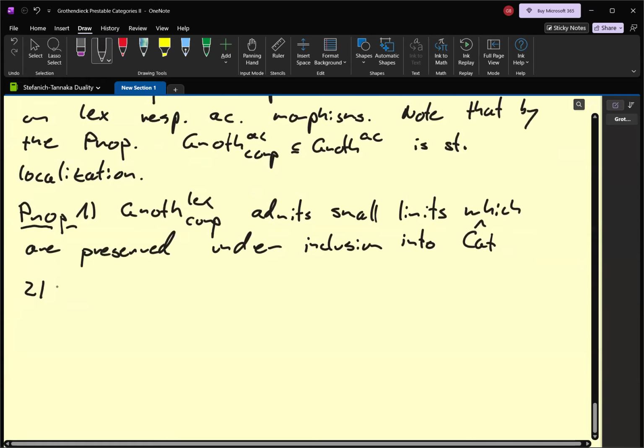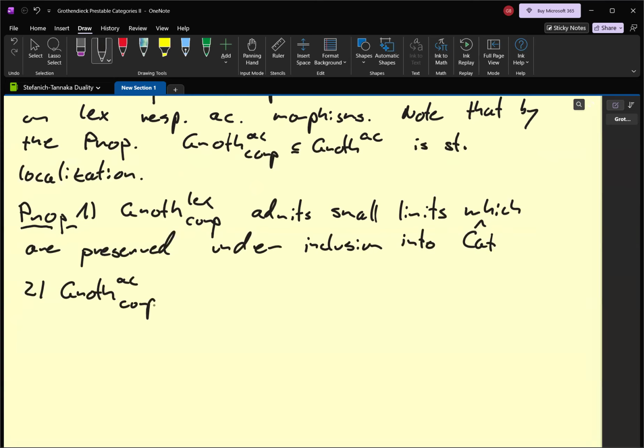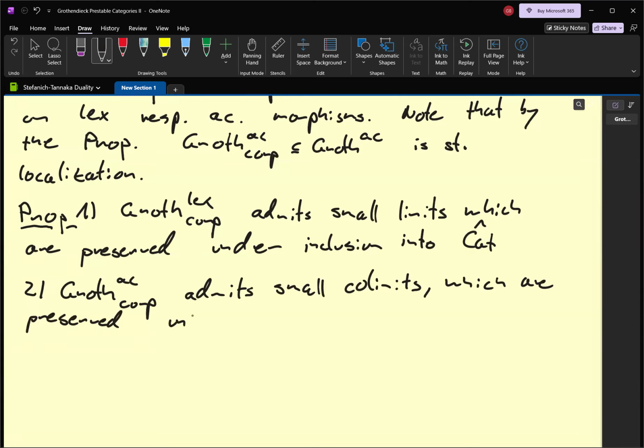And the second is that Groth AC comp admits small colimits, which are preserved under inclusion into Groth comp.